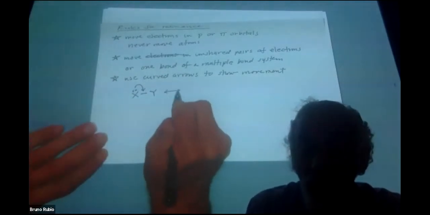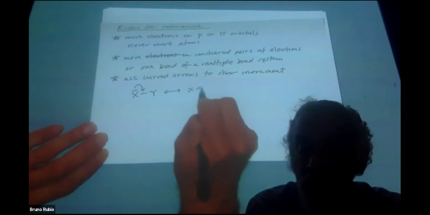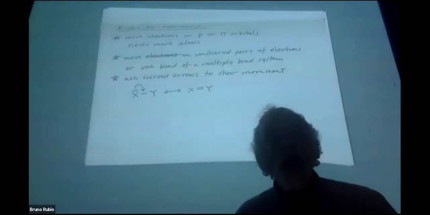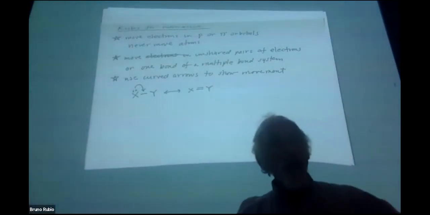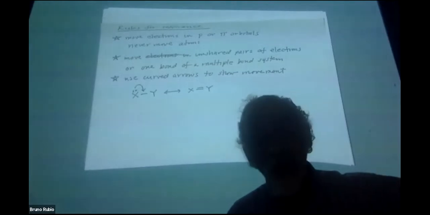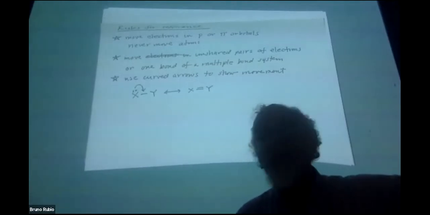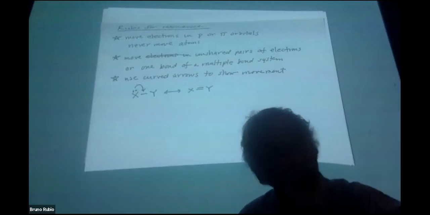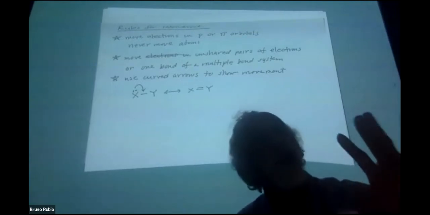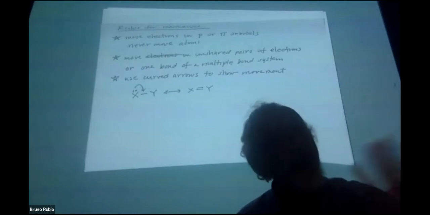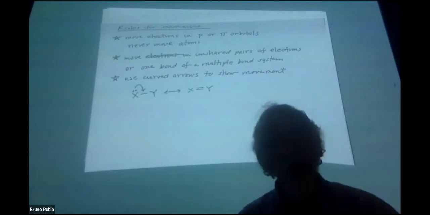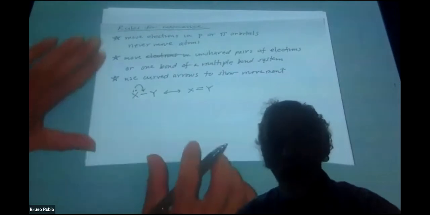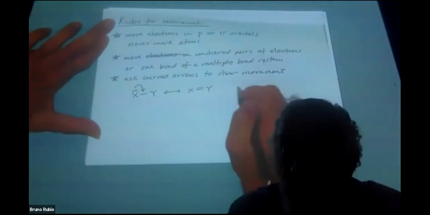And so now we have a resonance structure that maybe is going to look like that. See, what we've done here is we've taken the unshared pair of electrons that lived on X, and now we're saying that that unshared pair of electrons is now a shared pair of electrons that lives in the region of space between X and Y. So that's a very common motif that we see when we write resonance structures.